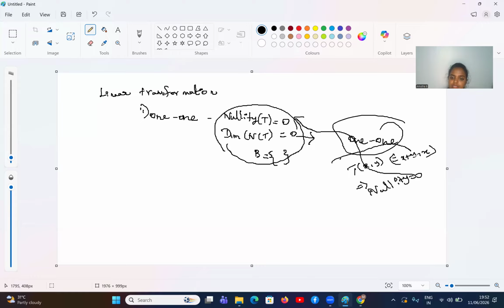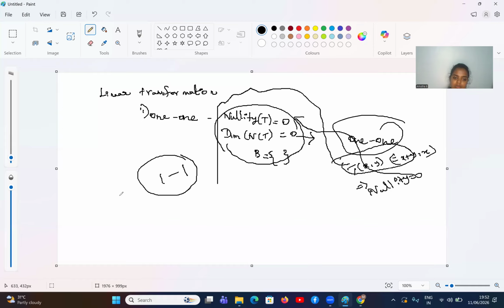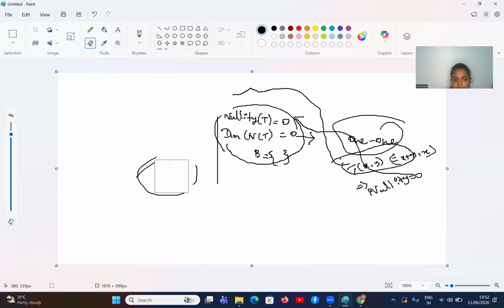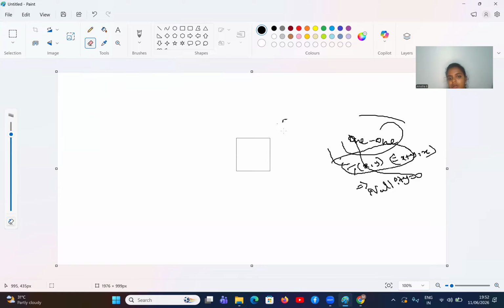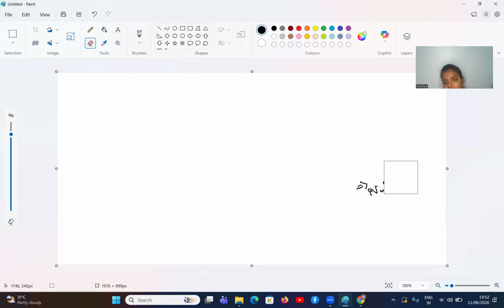So this map T of x comma y is called a 1-1 linear transformation. Usually in real analysis we say that if every element in a domain has a unique element in a codomain, then that is a 1-1 map.